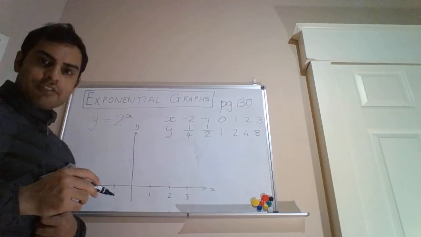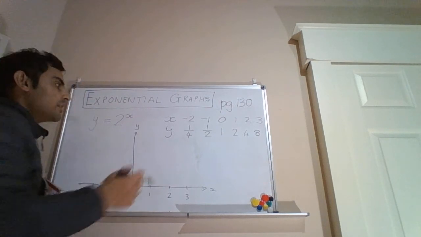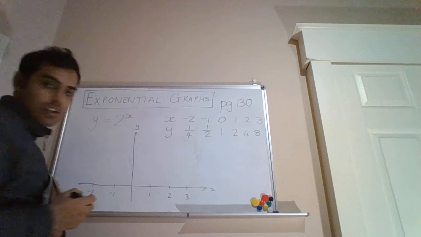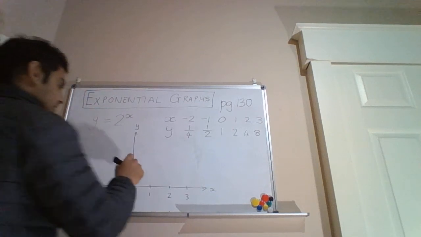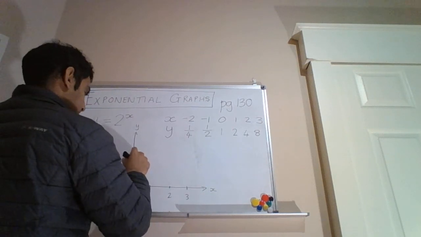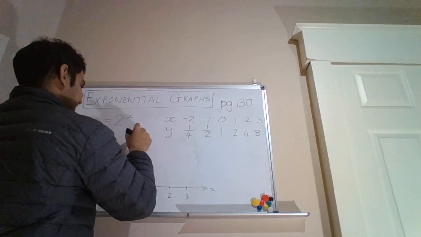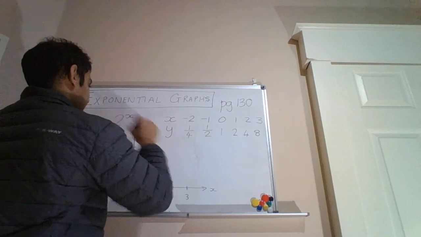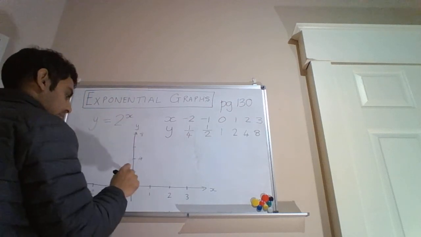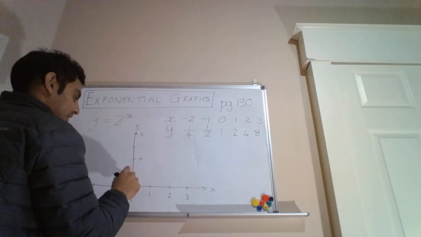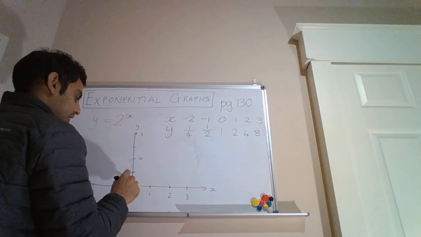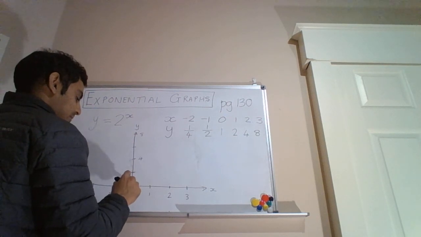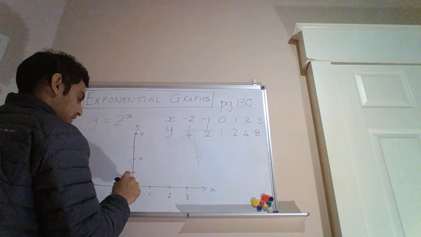So I'm going to make my vertical axis go up in 2s because our y values go all the way up to 8. So I'm going to make it 2, 4, 6, 8. So in between 0 and 2 is 1, in between 0 and 1 is a half, and in between 0 and a half is a quarter.